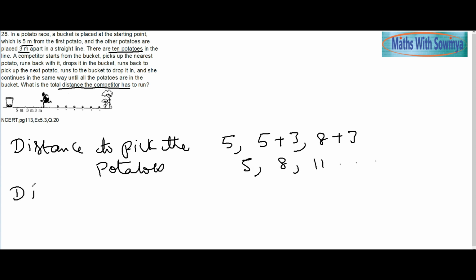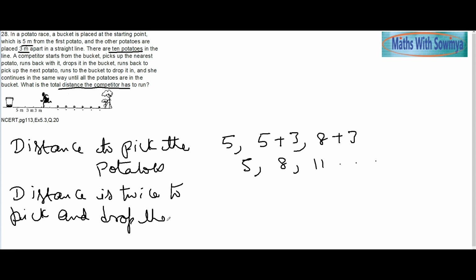So the distance is twice, to pick and drop the potato. So we just have to multiply this by two, because they are going, coming back, once again going, coming back.